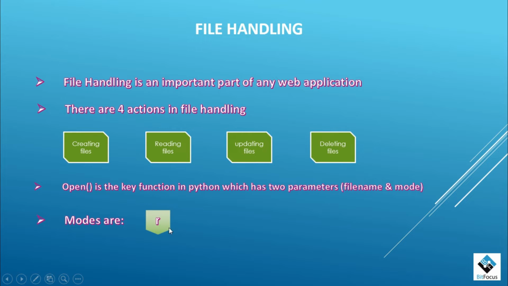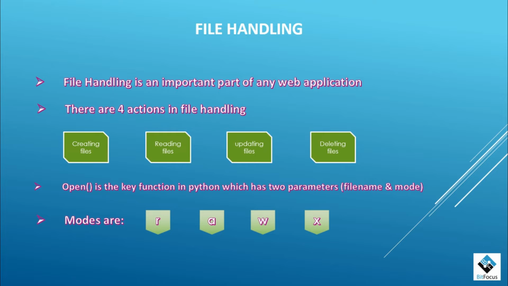R is for reading. When you want to read a file, you put R in this function. A is for append, when you want to add new content to the previously added content. When you want to write into a file, W is used. X is for creating.